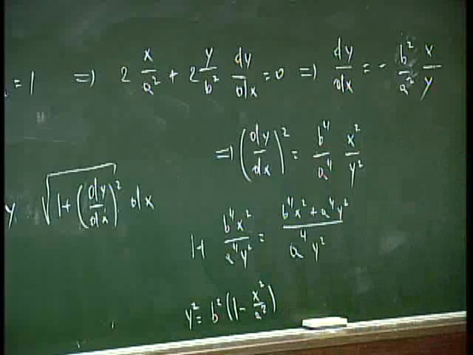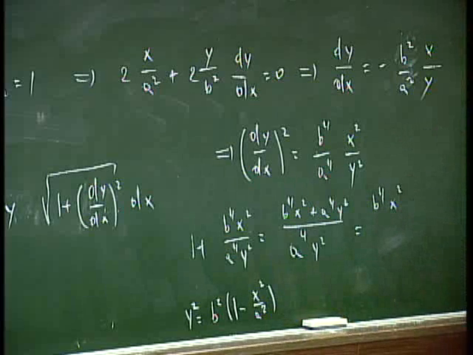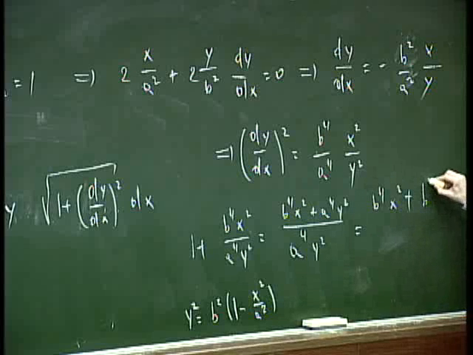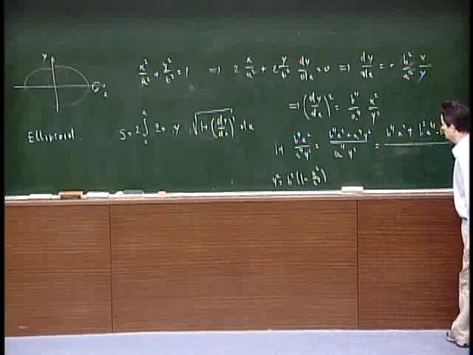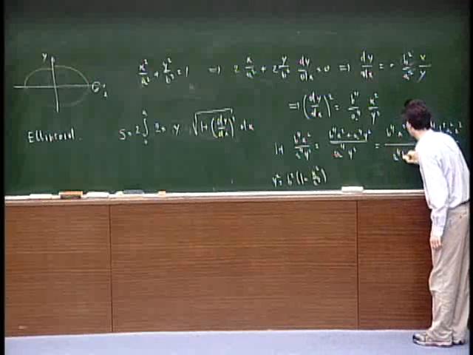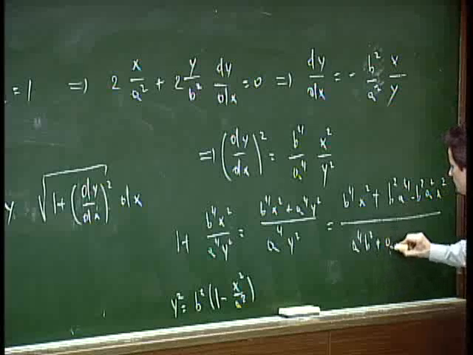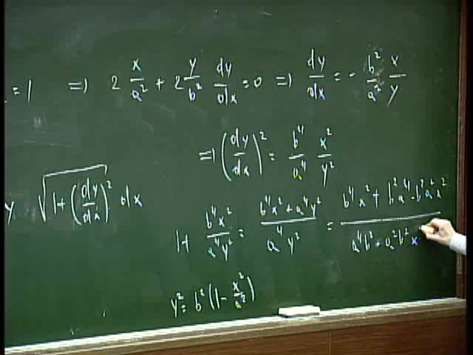So we have to plug this in. So what we have is b to the 4th x squared plus, now we have b squared a to the 4 minus b squared a squared x squared, over a to the 4 b squared, minus b squared x squared.